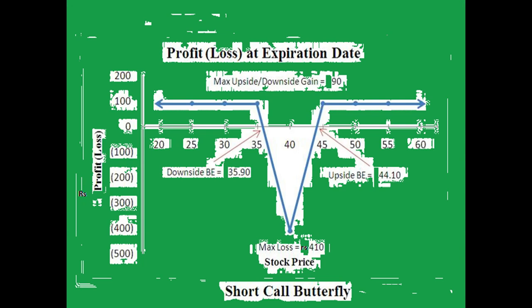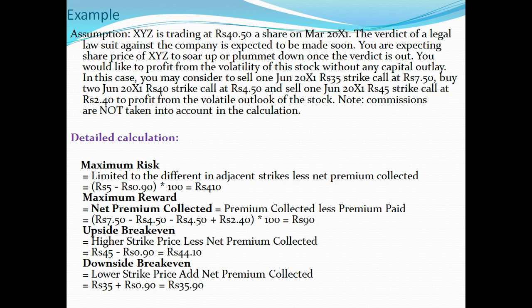This is the x axis and y axis, profit and loss is there, then 0, 100, 200, and below is the minus, and you see this is the maximum upside or downside gain, 90, and the downside break even is 35, the upside break even is 44, and there are some numbers, and maximum loss equals 410 rupees, and maximum upside or downside gain equals 90 rupees. I am telling this because these will be used, so you have to correlate this diagram with the example. Just see. So I am going ahead.